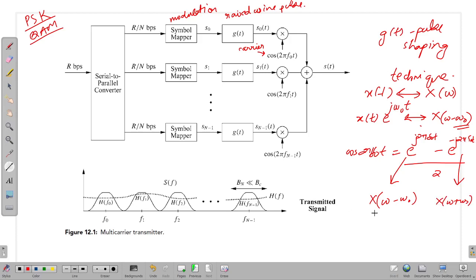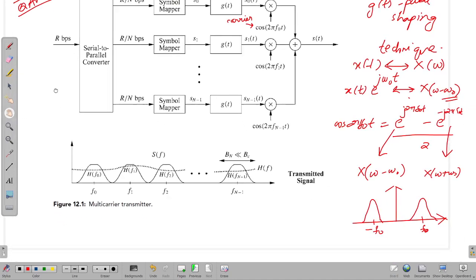And in the frequency axis, if I draw the frequency axis, s naught of t will get translated by positive f naught, and gets translated by minus f naught.